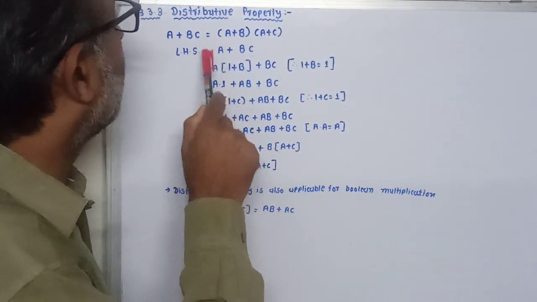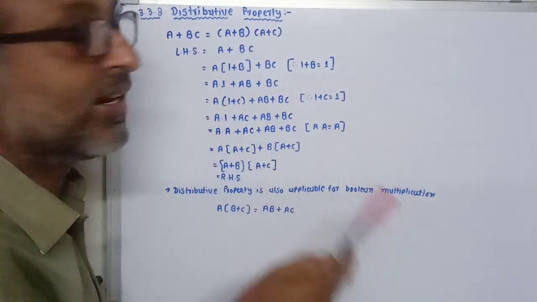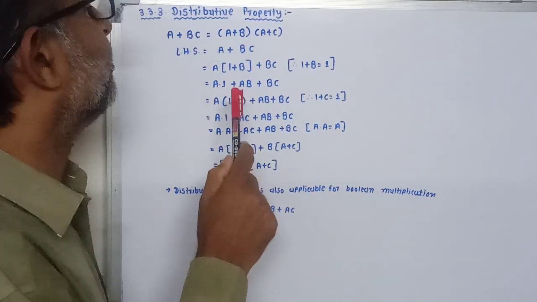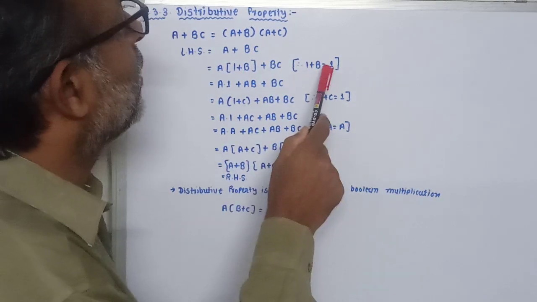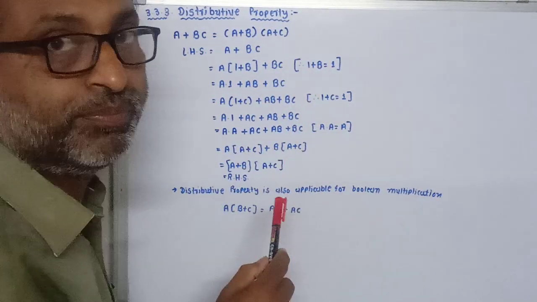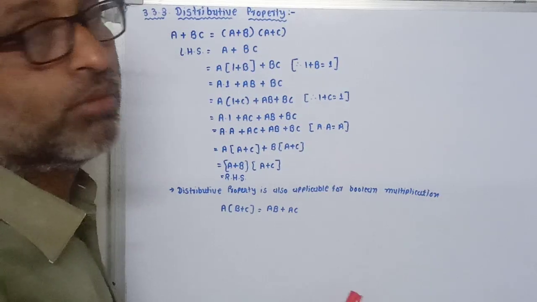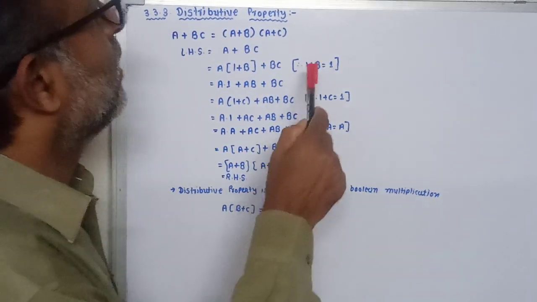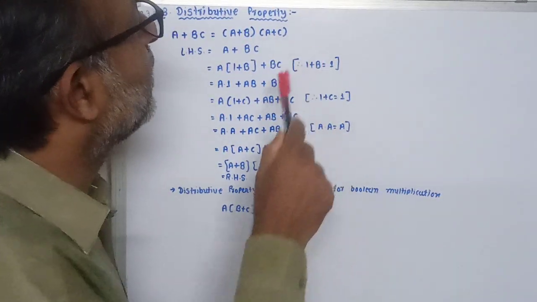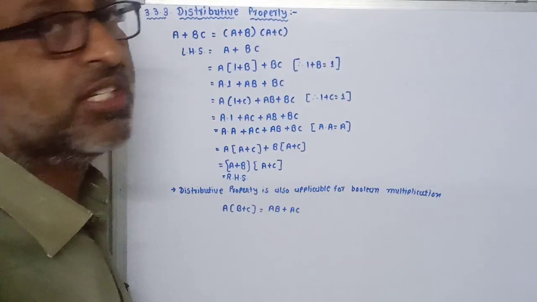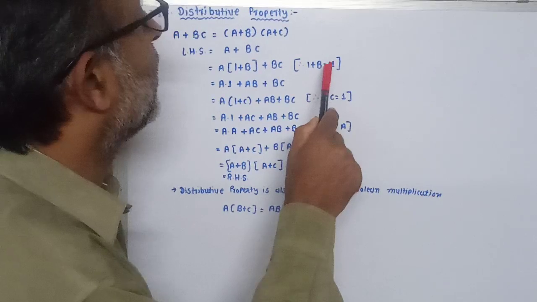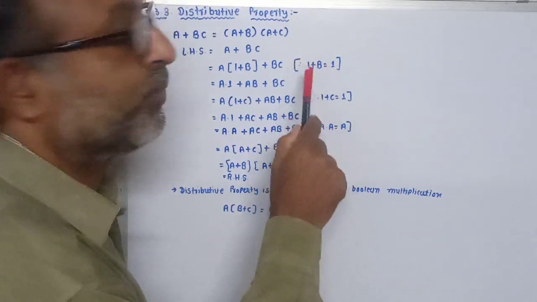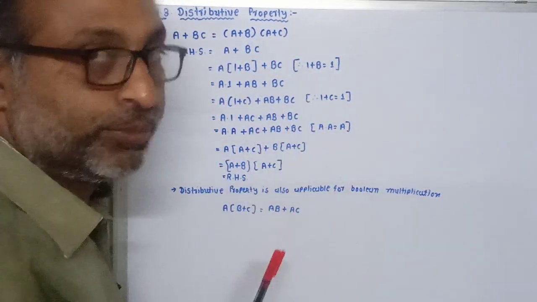It is not displayed here, but we can write a into 1. Now this 1 is replaced by 1 plus b, because we are already familiar with this b; the value of this variable b may be 0 or 1. So here we can put b is equal to 0, we will get 1 output.